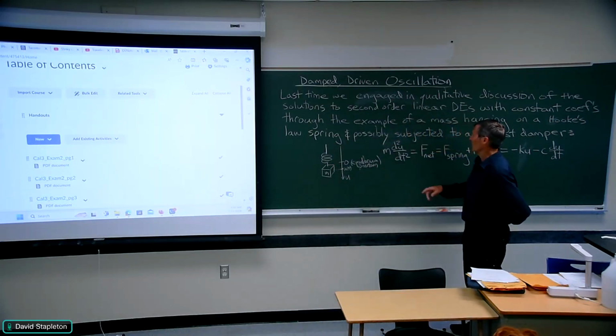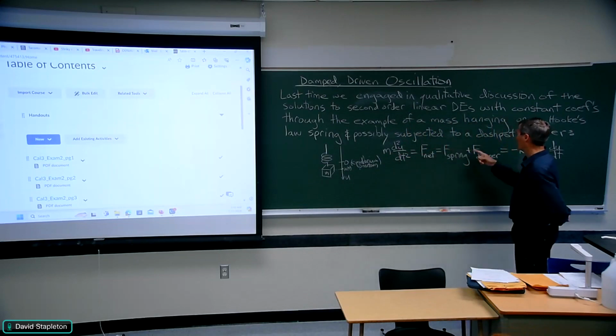By Newton's second law, mass times acceleration, m d squared u dt squared, must be the net force applied to the mass. But the net force applied to the mass, just following physics, is the sum of the applied forces: a force from the spring, a force from the damper.